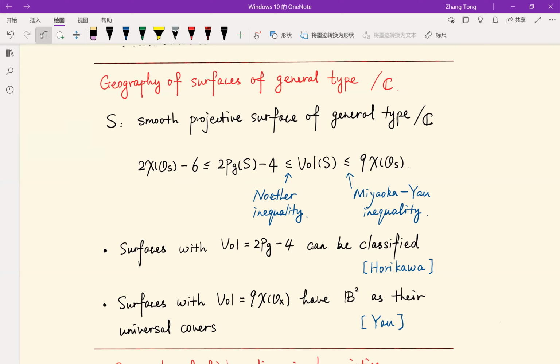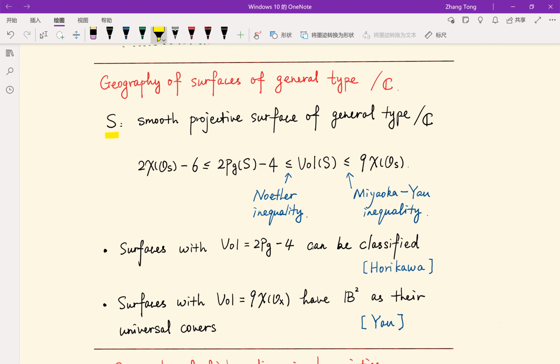So here I assume that I have a surface S, a smooth projective surface of general type, defined over complex numbers. And there are many interesting numerical relations among those birational invariants.